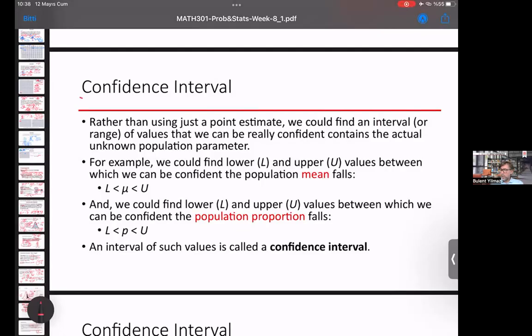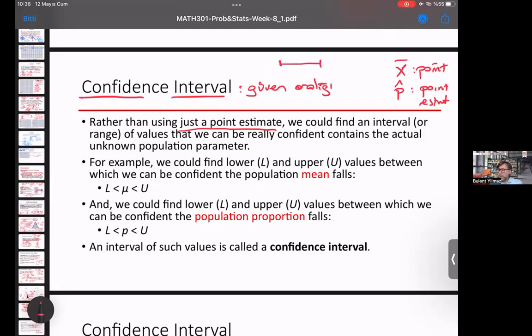Okay, confidence interval. In Turkish we call it güven aralığı. So rather than using just a point estimate, like x hat or p hat, which is one number from a sample, how can I say the real population mean is in this interval?